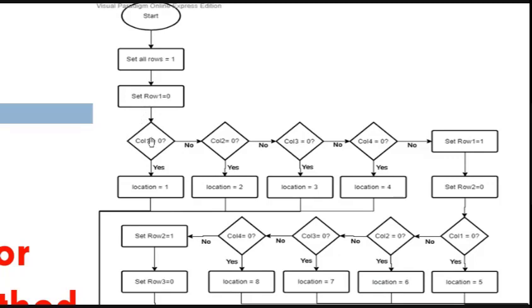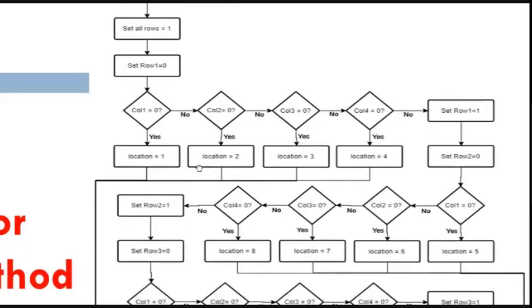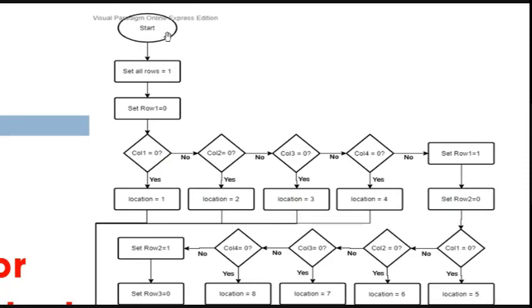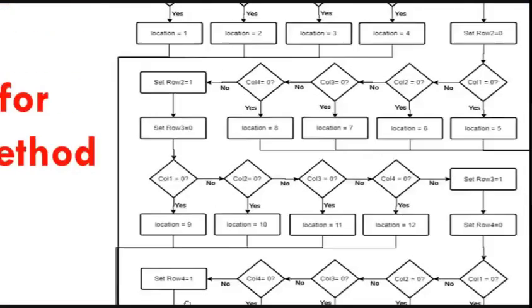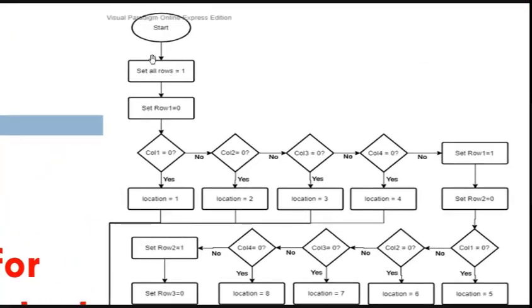What happens if the condition is true? What happens if the condition is false? Only two outputs from this decision making, true or false, yes or no. That's it. And then you can see the arrangement of these shapes from start to end. We reserve the oval for start and end, then the rectangle for process, and the diamond for decision making.